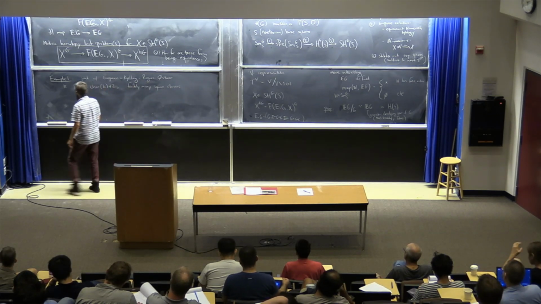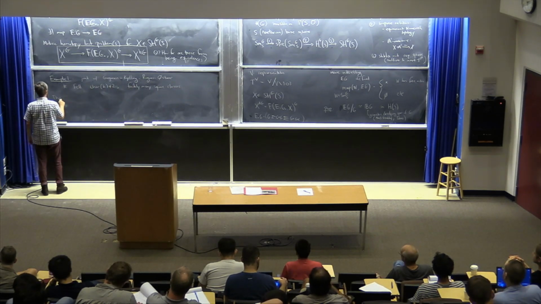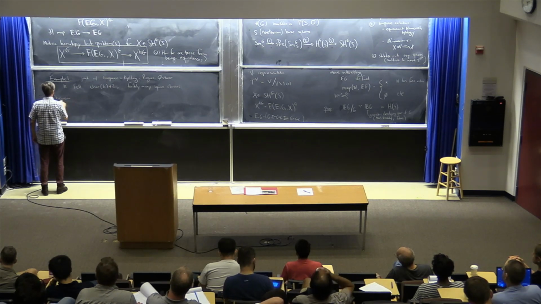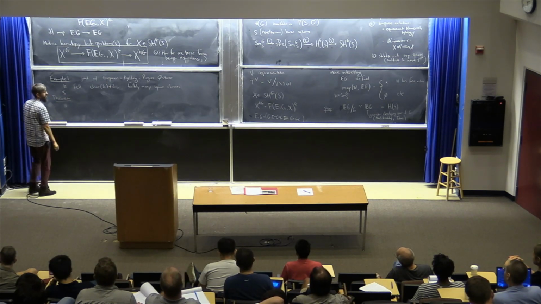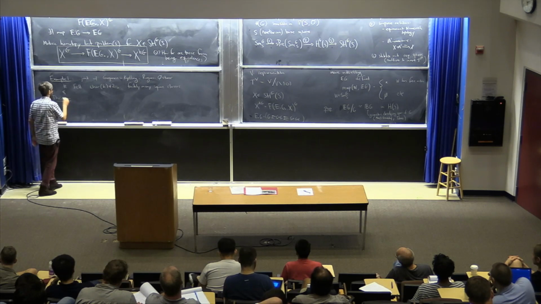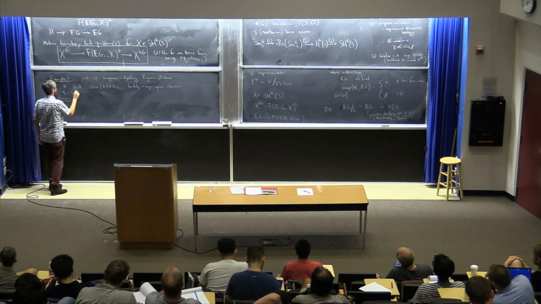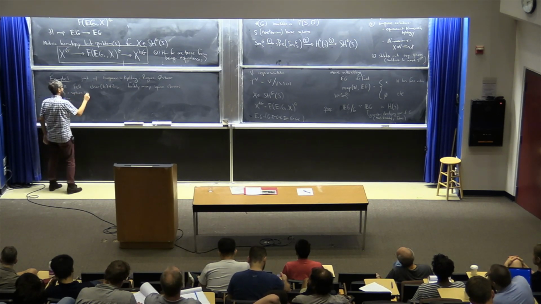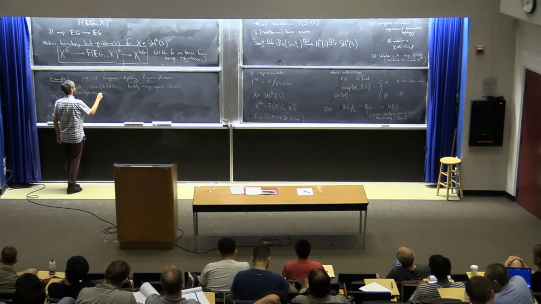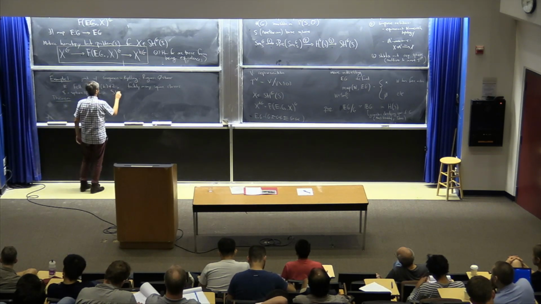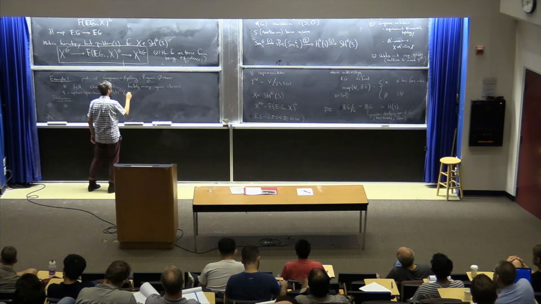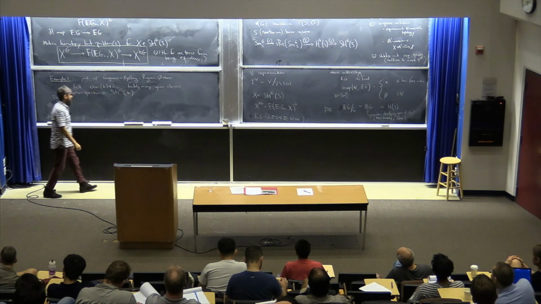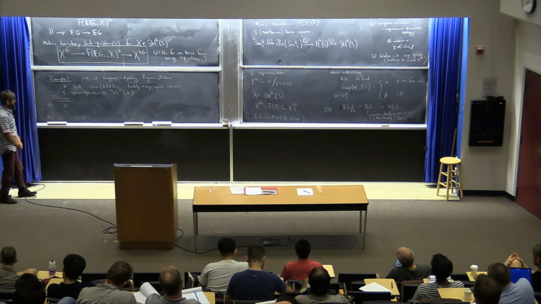The statement is that, and I'll write S for the sphere spectrum in the C2-equivariant stable motivic homotopy category over k.